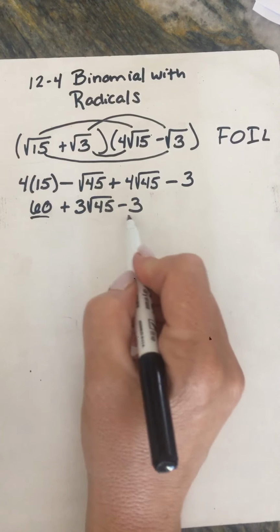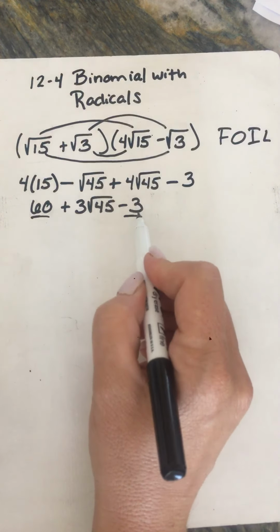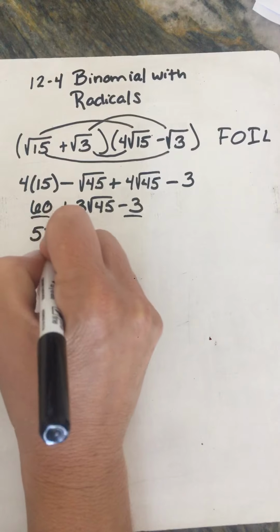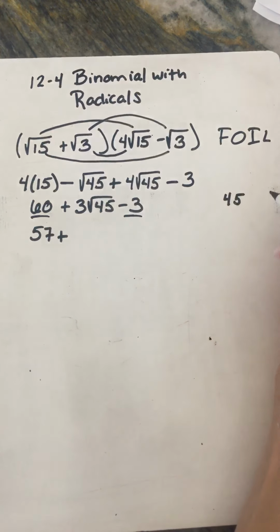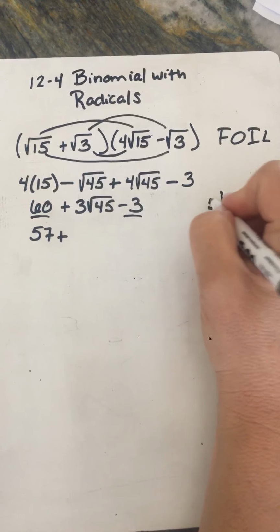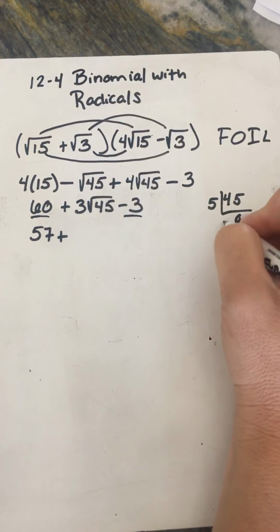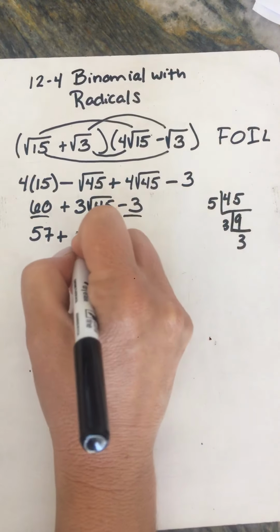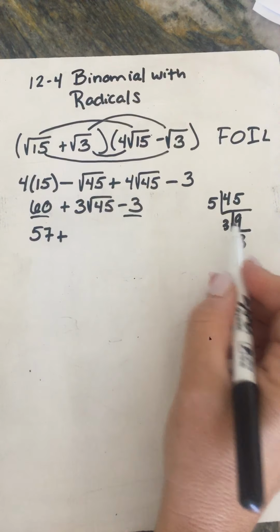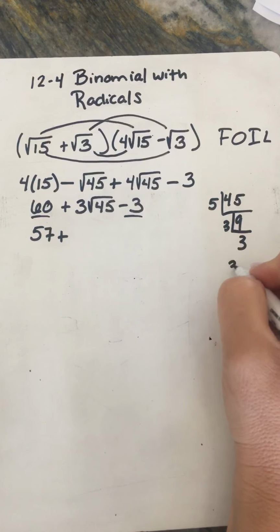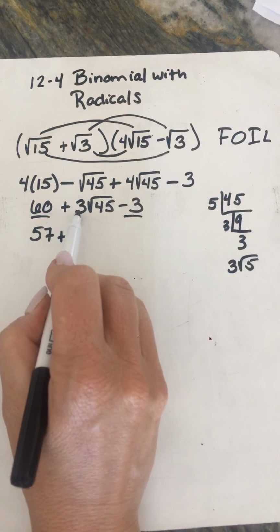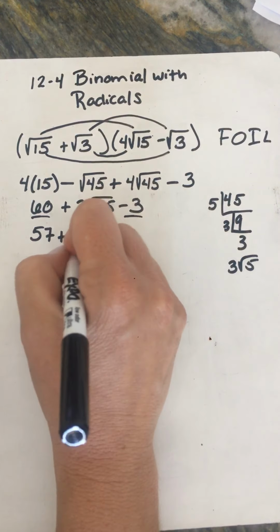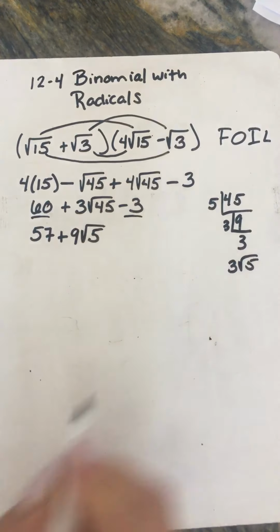Let's combine these like terms here. 60 and negative 3, so that'll be a 57. Plus, and then 45, if we break it down, I know there's a perfect square in there, right? If we put a 5, we get a 9, so that's 3 and 3, so I have 3 square root of 5 for 45. And we already have that 3 out front, so 3 and 3 is 9 square root of 5.